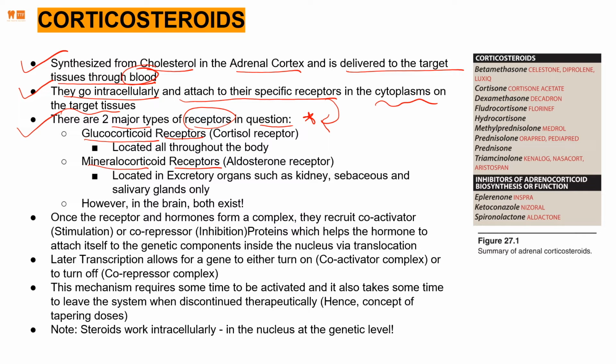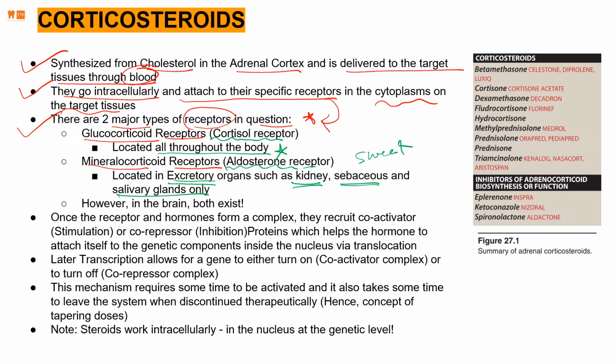The glucocorticoid receptor is known as cortisol receptor. Mineralocorticoid receptor is known as the aldosterone receptor. Fair enough. Glucocorticoid is located all throughout the body, and mineralocorticoid is located in the excretory system, such as the kidney, sweat glands, also known as sebaceous glands, and salivary glands only.